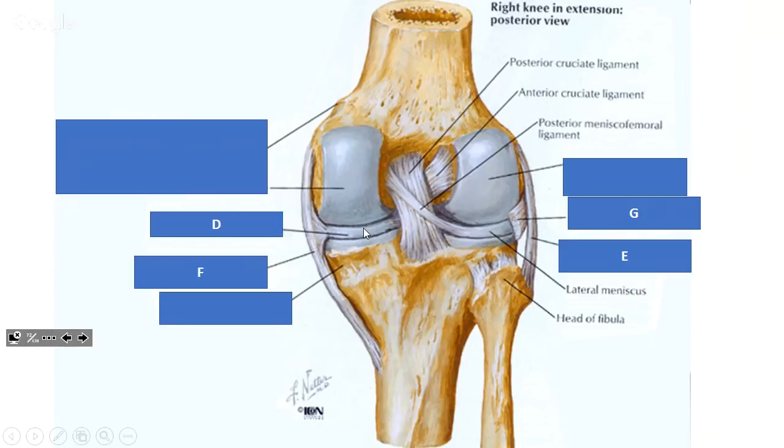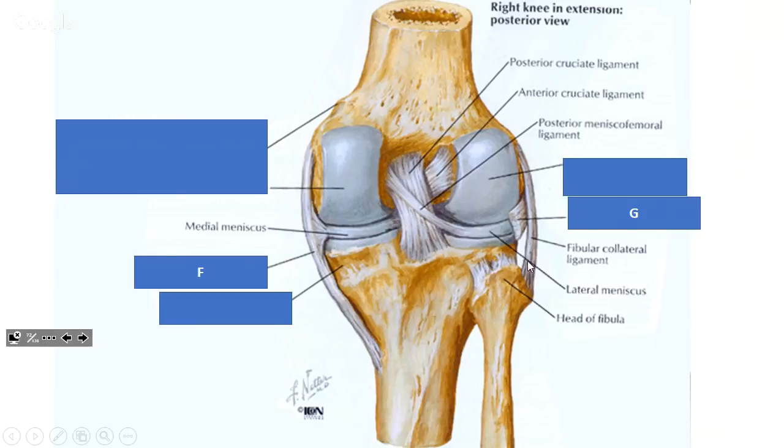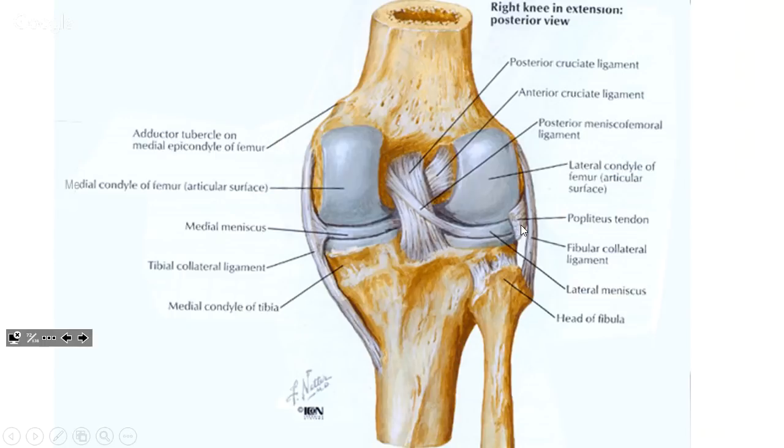And then D is medial. E, okay, that's the medial meniscus. And then F is the medial collateral ligament, or the tibial collateral ligament. And then this is what I was talking about before. It's the popliteal tendon. It separates the lateral meniscus from the lateral collateral ligament.